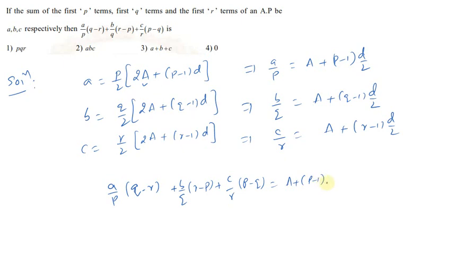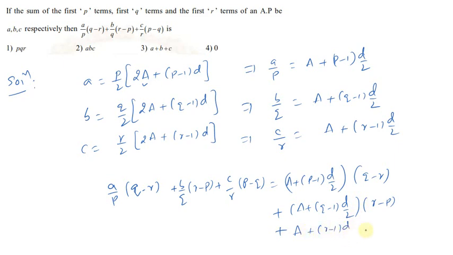We multiply this whole term with q minus r, plus a plus q minus 1 into d by 2 into r minus p, plus a plus r minus 1 into d by 2 into p minus q.